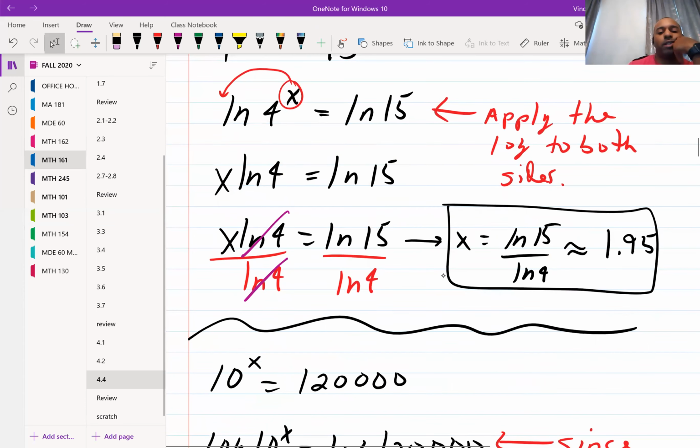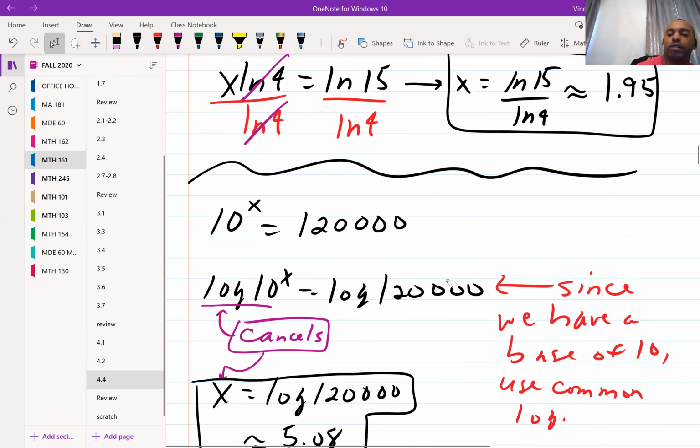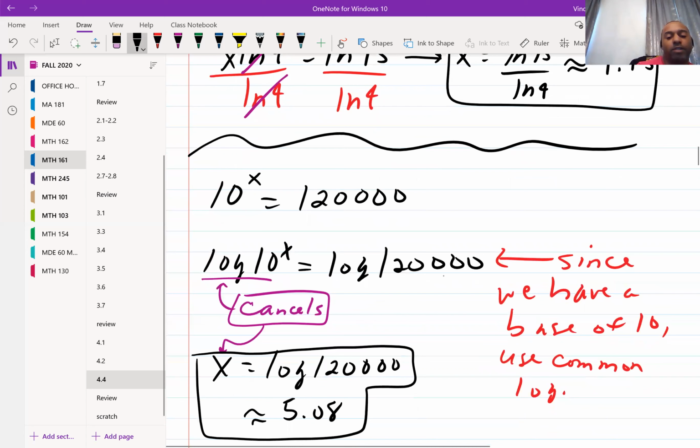So here we have 10 to the x equal to 120,000. So now, before we use natural log, and like I said, it didn't matter whether you use natural log or common log, it will be in our best interest in this case to use common log because we have this 10 here. Remember, common log has the base 10. And so that's what I said right here in the red. Since we have a base of 10, we use the common log. So you apply the log to both sides. The log and the 10 is going to cancel, leaving you with just x.